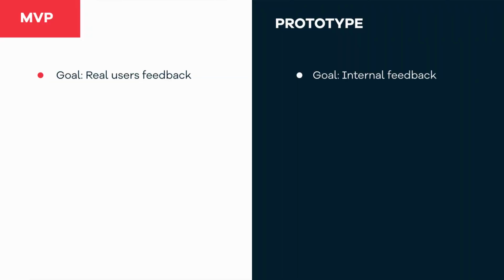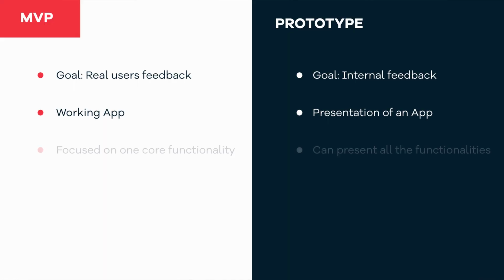Second difference, which we've already mentioned, is that the MVP is already a working app, while a prototype is more of a presentation of an app. But that goes to a third difference, where the MVP is mostly focused on a core functionality, while a prototype can already present a final version of an app with additional features.